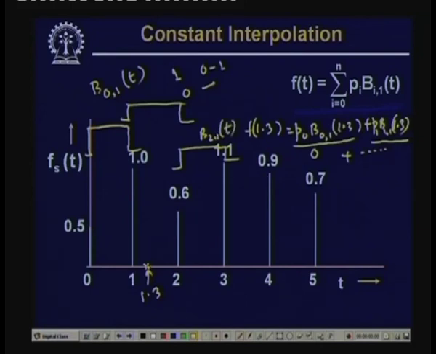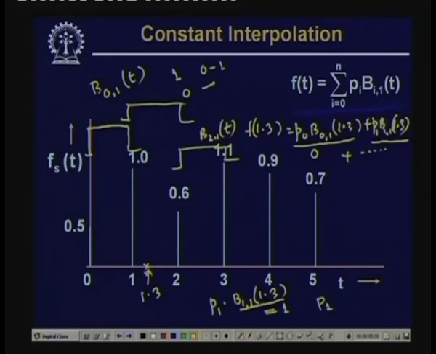So, when I try to compute the value at point 1.3, you find that this will be nothing but p 1 into b 1 1 1.3, and this b 1 1 1.3 is equal to 1. So, the value at this point will be simply equal to p 1.